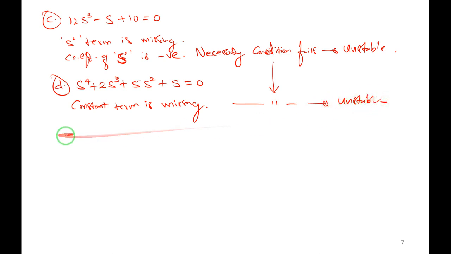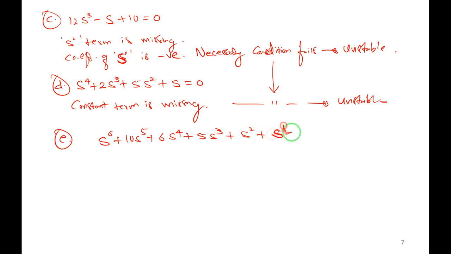Okay, one more thing, it is not asked, I will give you. All of you tell. s power 6 plus 10 s power 5 plus 6 s to the power of 4 plus 5 s cube plus s square plus s power 1 plus 2 equal to 0.